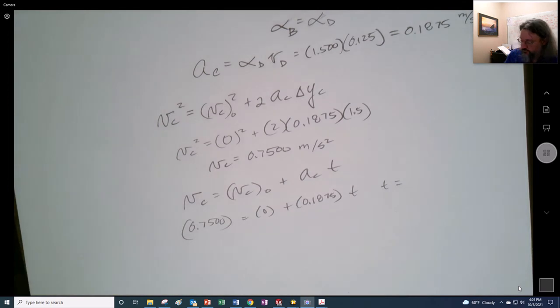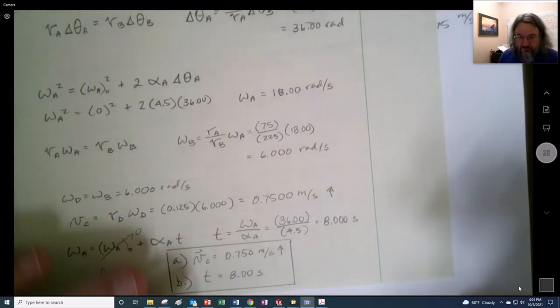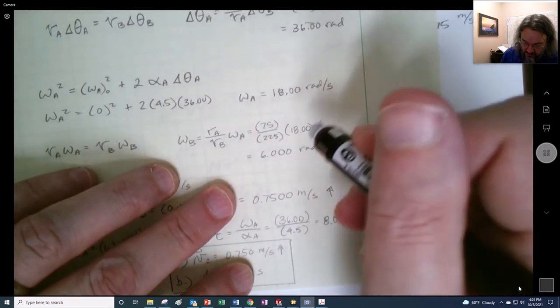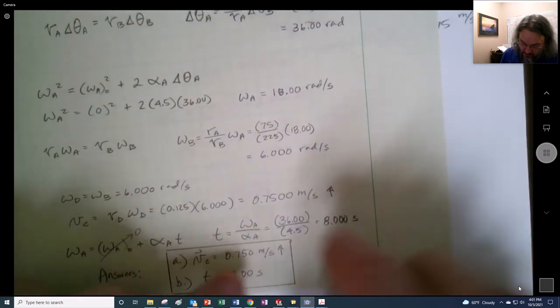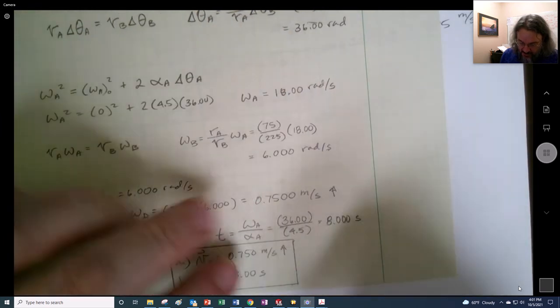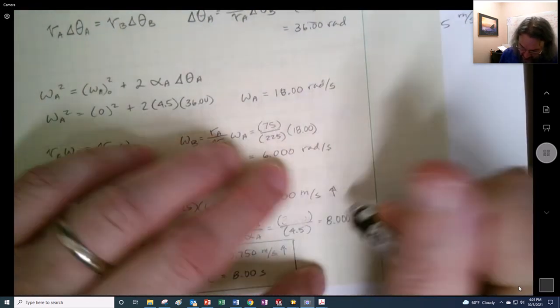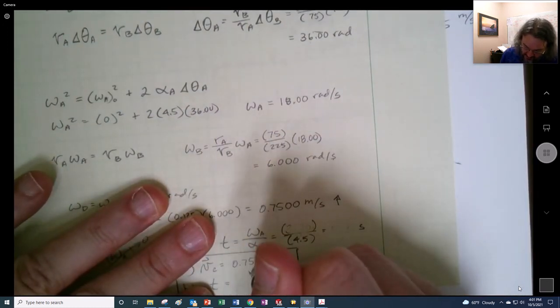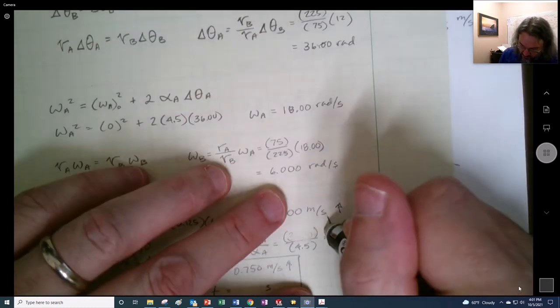Oh, this is where I did. Someone who stops the video too soon is going to see I used 36 when that is the number of radians. It should have been 18. There you go.